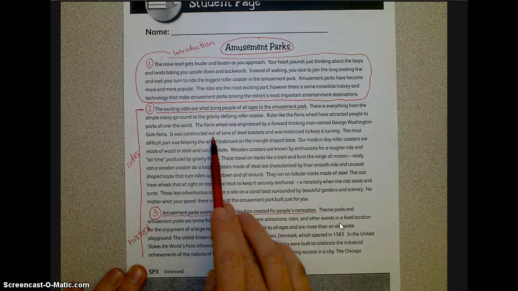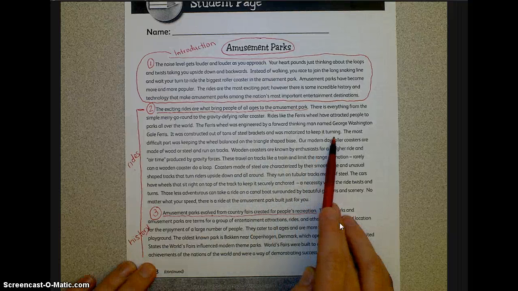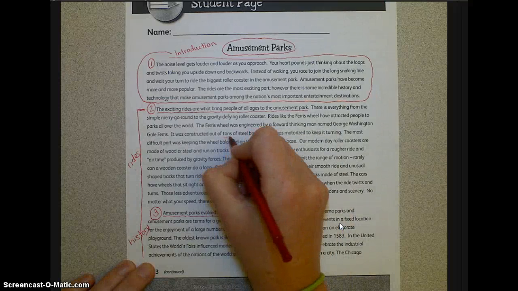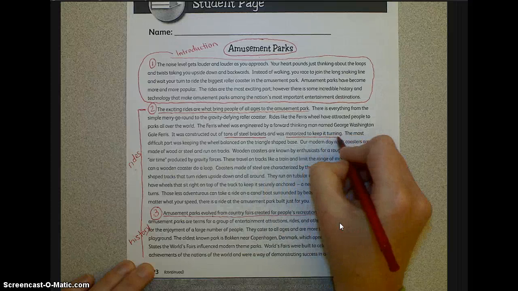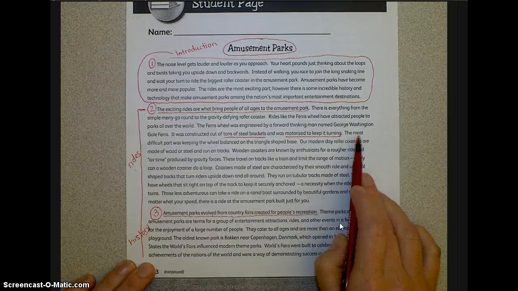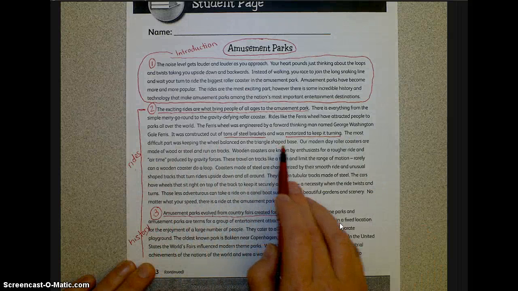It was constructed out of tons of steel brackets and was motorized to keep it turning. So that helps me to see that it's made out of tons of steel brackets and that it's turning, so I can visualize it. Let me keep reading. The most difficult part was keeping the wheel balanced on the triangle-shaped base.